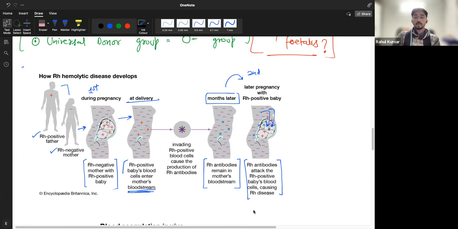What we do not want is a memory, like we do not want anti-Rh antibodies to develop in the mother and stay before the second pregnancy. So what can we do? We do not want the mother to prepare any antibodies of her own, correct?